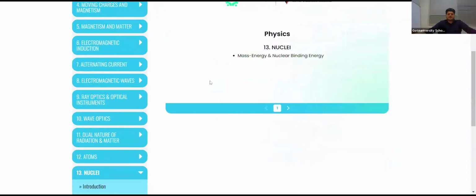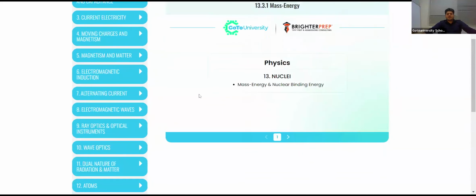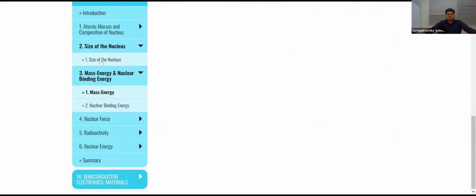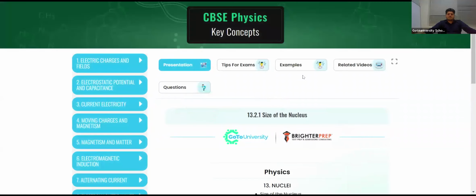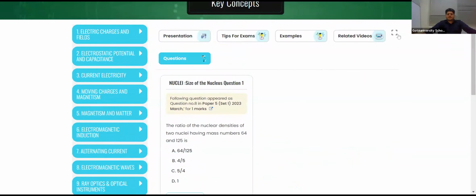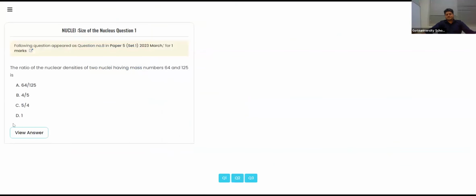Next, before proceeding further, let's see some questions based on this. See the question. The question is, the ratio of nuclear density of two nuclei having mass number 64 and 125 is, mass number is given.